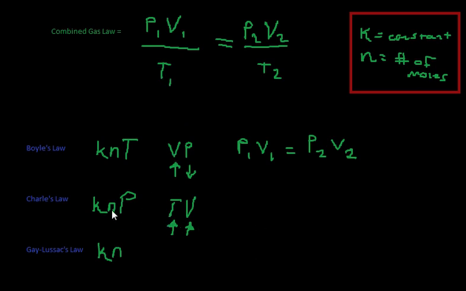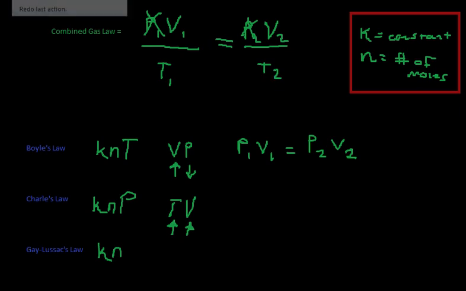So let's look at what's constant here, the number of moles. We don't have to worry about it in our equation because we don't even put it in here, because it's always constant in all three laws. We can look at pressure next. If pressure is constant, we can take it out of our equation. So if we were to cross out pressure, it would leave us with volume over temperature equals volume over temperature.